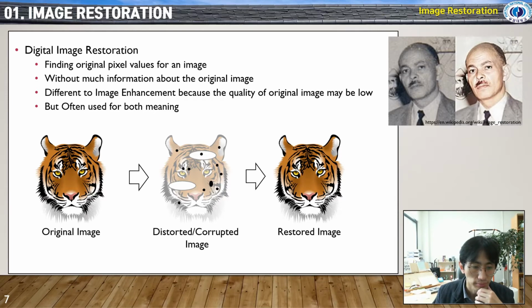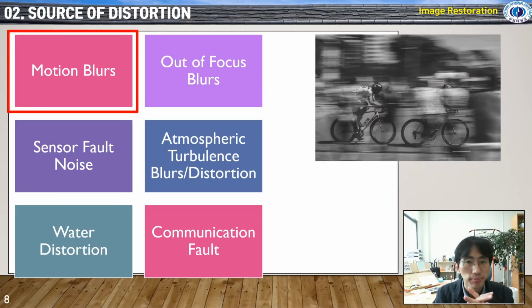All right. Then we may talk about the sources of distortion. There are many sources of distortions, but today we will talk about 6 sources of distortions. First, there is motion blur.